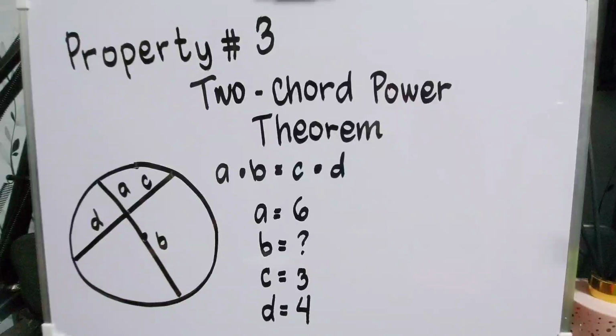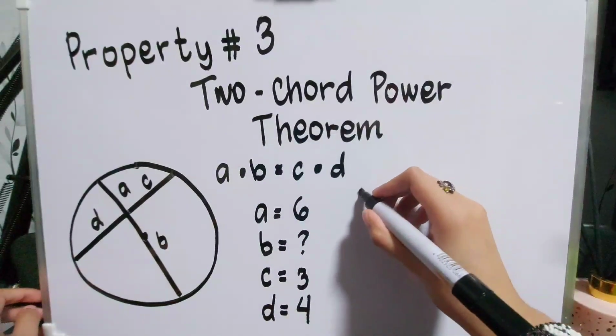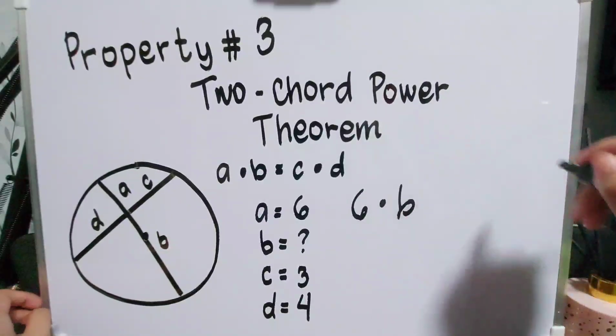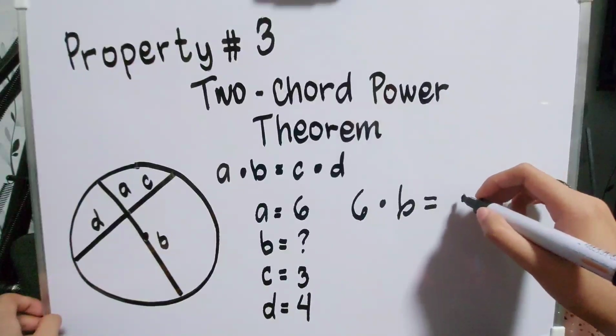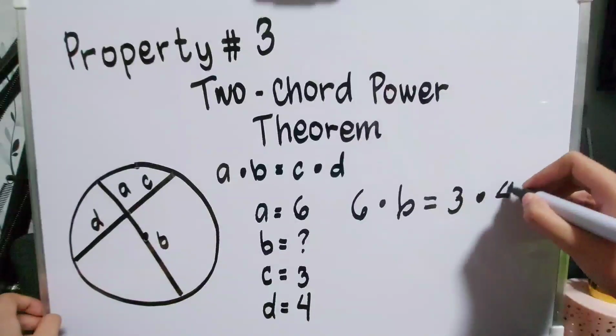So we have here the measurements of line segments A, C, and D. We need to find the measure of line segment B. So we will substitute the measurements. So A is 6 multiplied to B equals 3 multiplied to 4.